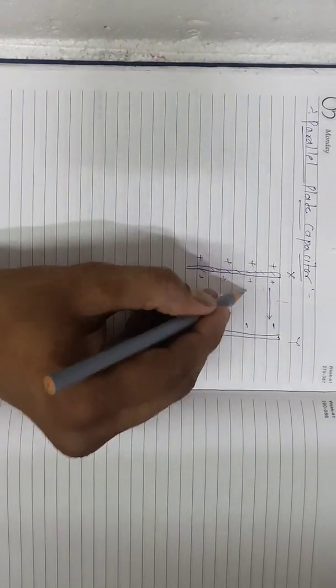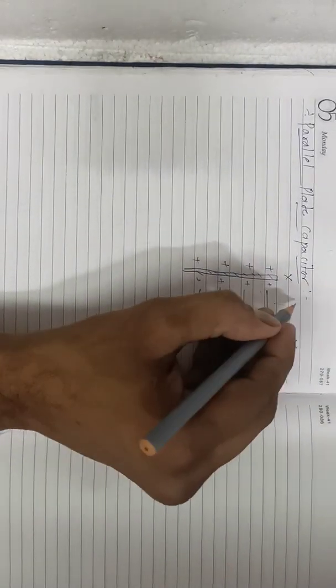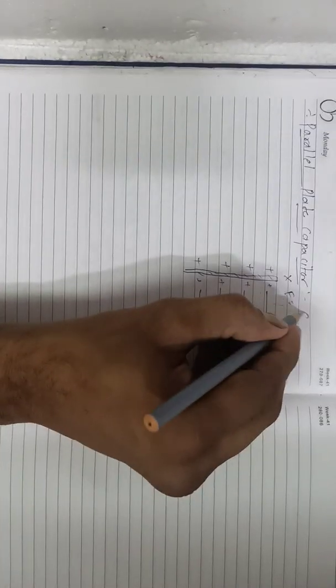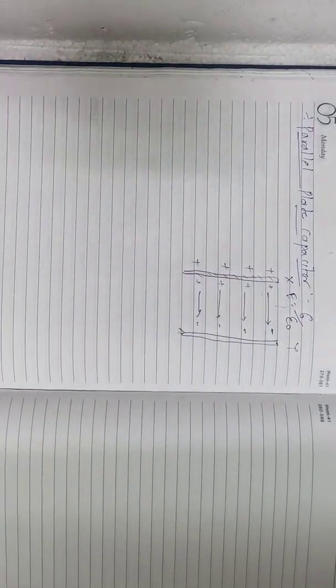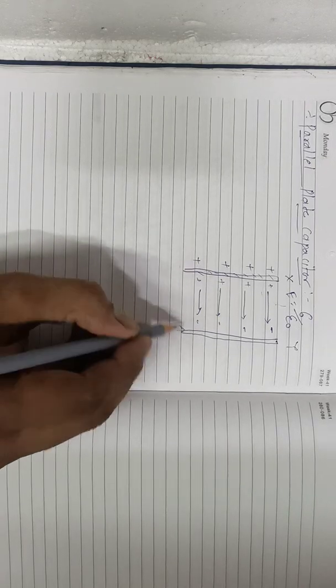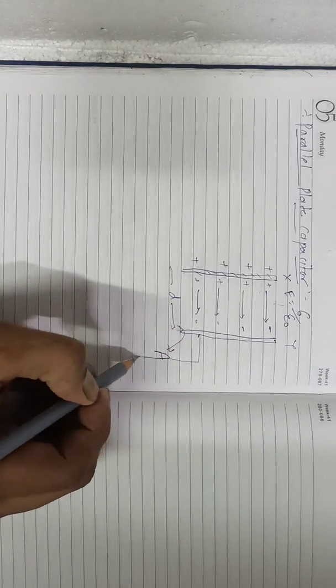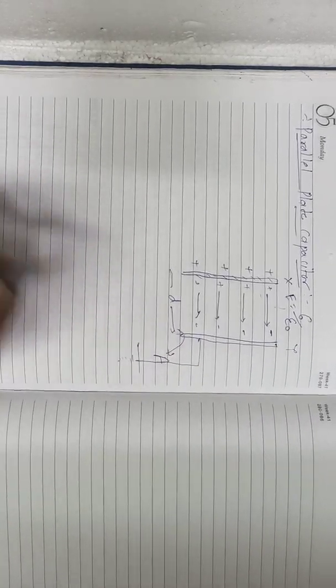We know that the direction of field is always from positive to negative, so we can show it like that, and we did in the last video that electric field is equal to sigma by epsilon naught. The distance between them is small d and the area of the plate is A. This will show here earthing.